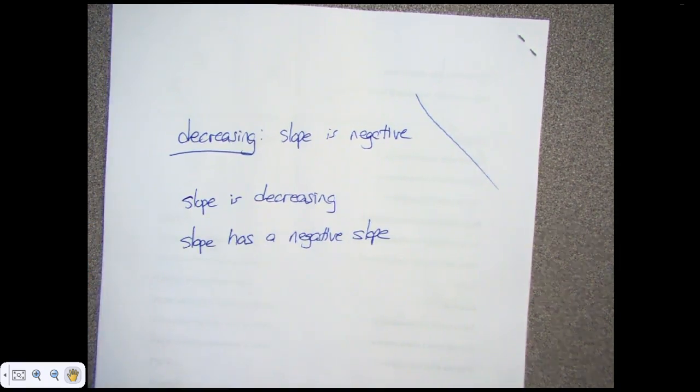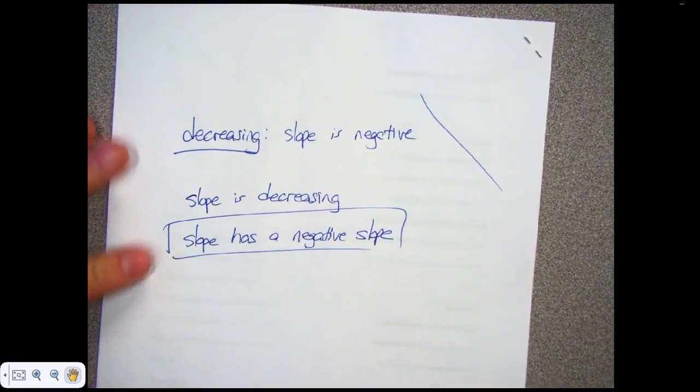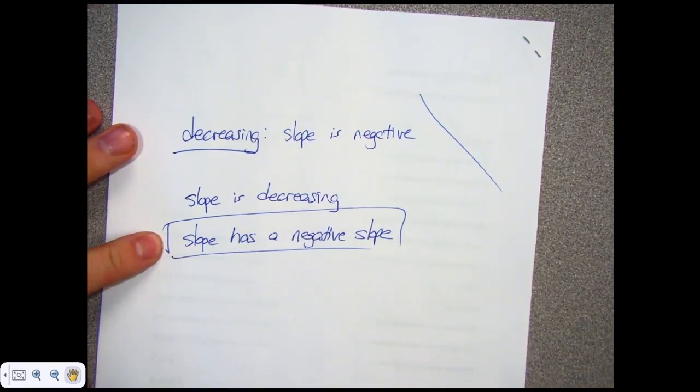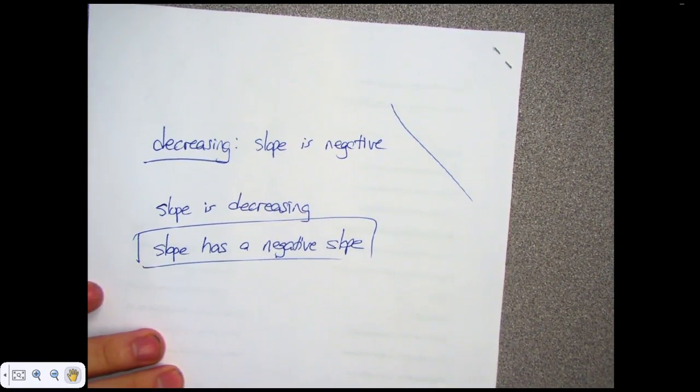And every time you say the word slope, you took a derivative. So how many derivatives did I take in that statement? I took 2, where I really just wanted to say the slope is negative, which is just 1. Does that help?